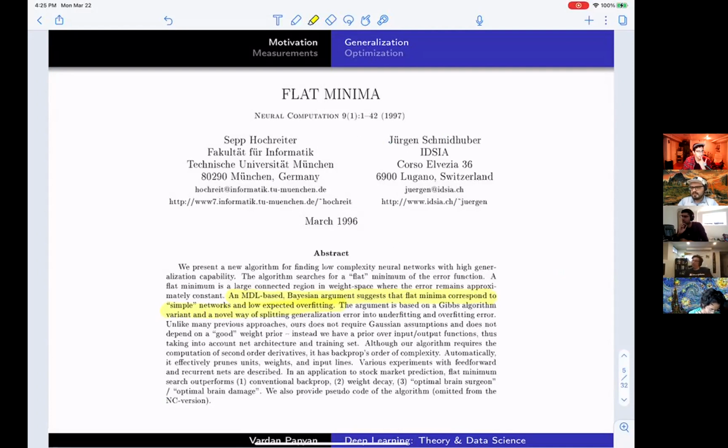So MDL-based Bayesian arguments are what Justin was referring to, and this is kind of the classical way of relating the flatness of the minima and the generalization error. But I don't want to dive into this too much. The main idea is that people believe the Hessian is related to test error. This is what you should take from this.